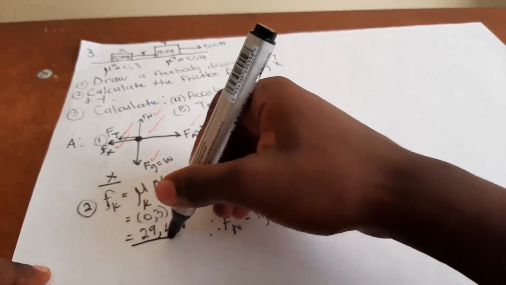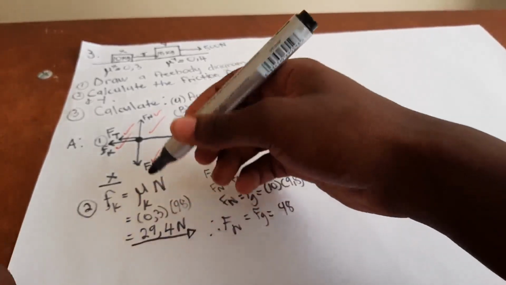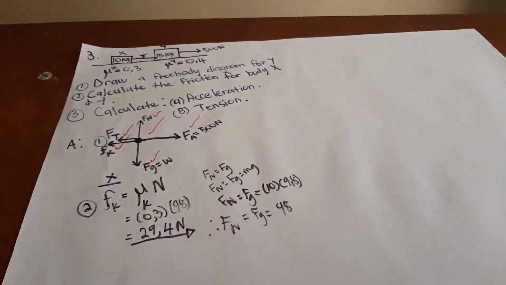That's our kinetic frictional force for body X, for that 10 kg block. So that 10 kg block is experiencing a friction of 29.4 newtons.